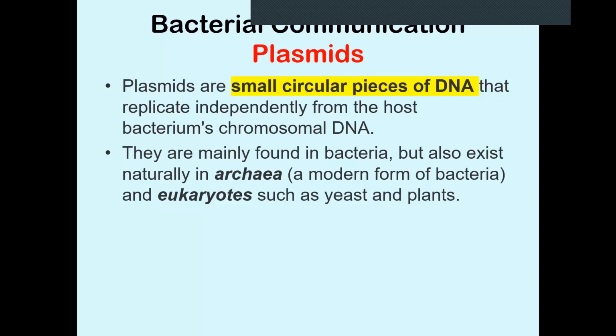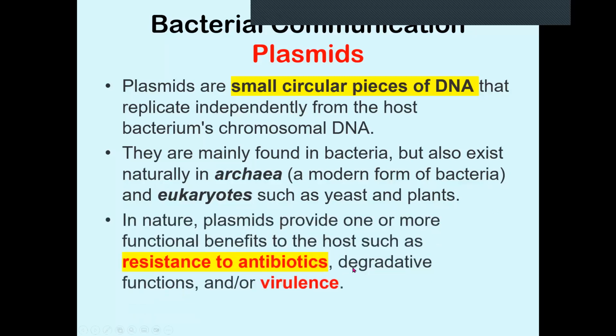Archaea are a group which are the next level in evolution after the bacteria we're talking about now, the modern bacteria. And then we've also got the eukaryotes like us, but the yeast and plants also have these plasmids. They're like tiny little rings of DNA. These plasmids have a number of functions, and one of them is resistance to antibiotics.